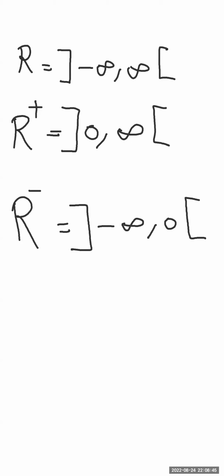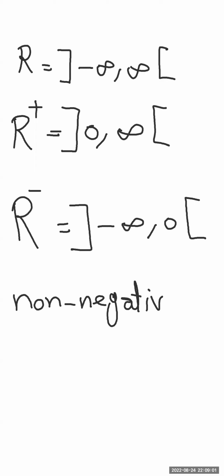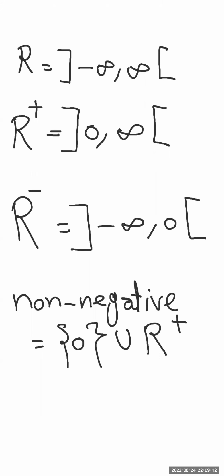We said that there is a set of numbers, the set of non-negative numbers. Non-negative means 0 union positive real numbers, correct?